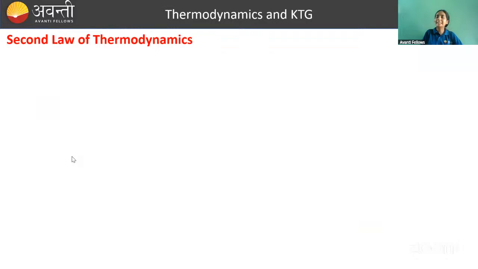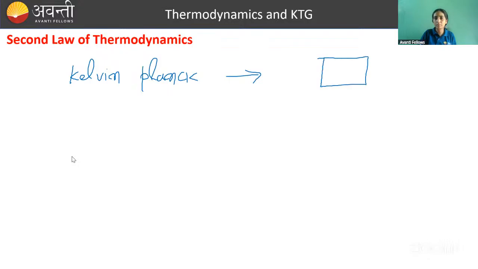ठीक है? What is the second law of thermodynamics? In second law of thermodynamics, we have two statements. One is your Kelvin-Planck statement. ठीक है? और ये statement क्या कहता है? This statement says that if there is a system and you are giving heat to the system, this system cannot convert whole heat into work.